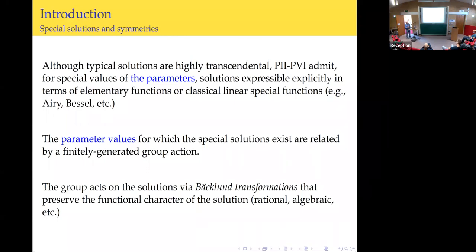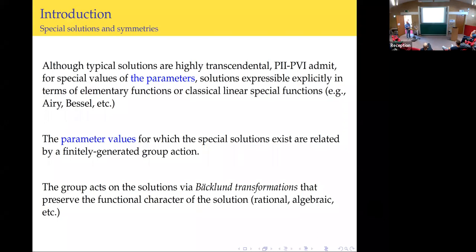And those parameter values where the magic happens, they are related to each other by some finitely generated group action. So you might think of like a lattice of parameter values, integer values, something like that. And then that group that is moving the parameters around in this special family, that group also acts on these special solutions of the equation via a Bäcklund transformation.